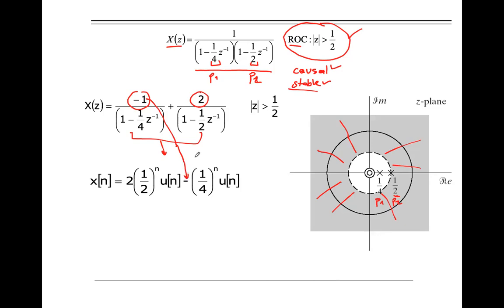Because it's a right-sided ROC, both this part and this part should be right-sided, because their intersection should be outside the 1/2 pole. So the ROC will be greater than 1/2. If this is given, this is right-sided and this is right-sided.